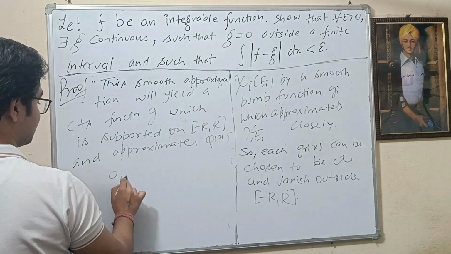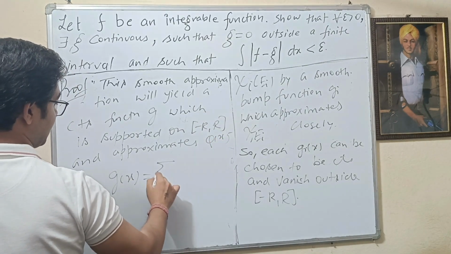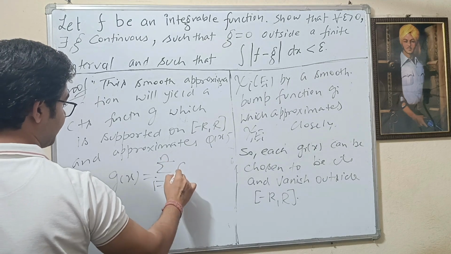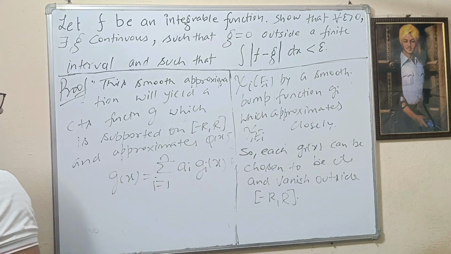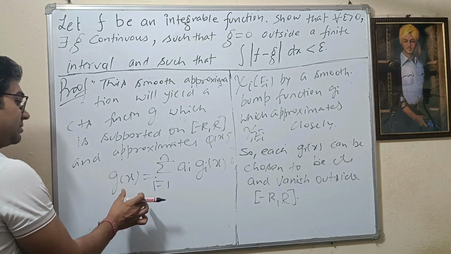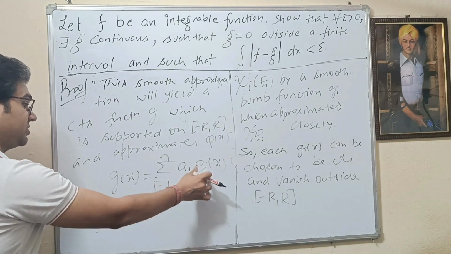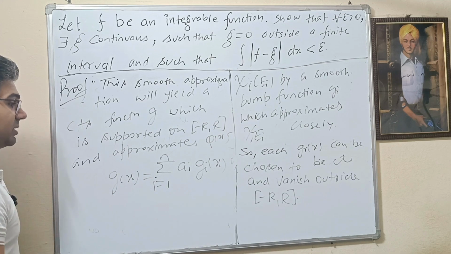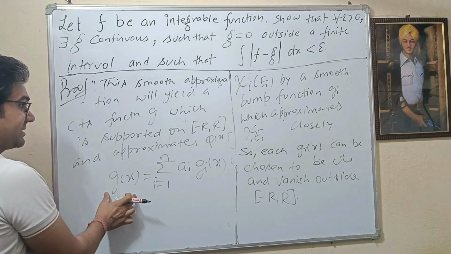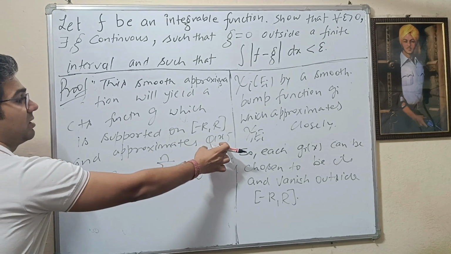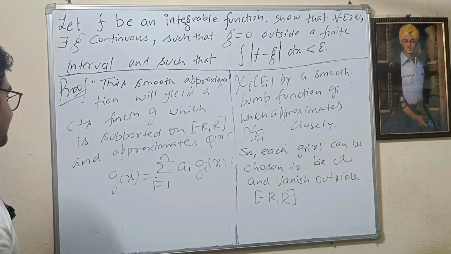And what is g(x)? g(x) will be the sum, i from 1 to n, a_i g_i(x). So this finite linear combination of g_i(x) will be our g(x), and this g(x) will approximate phi(x) on minus R to R.